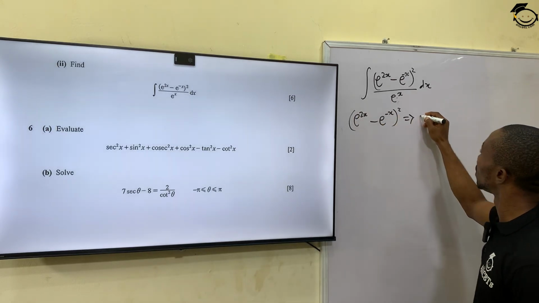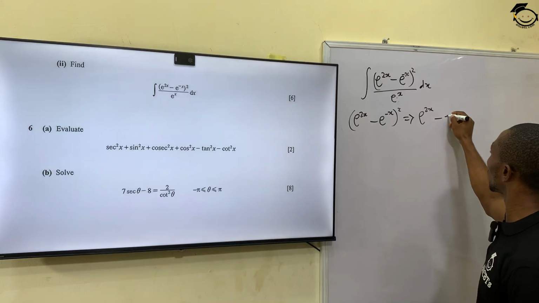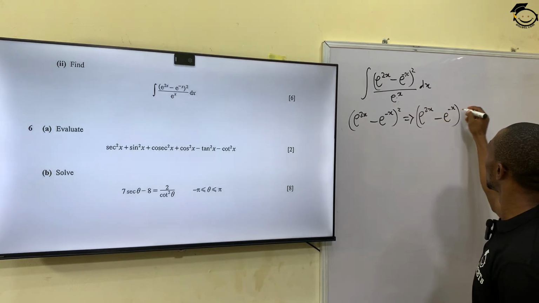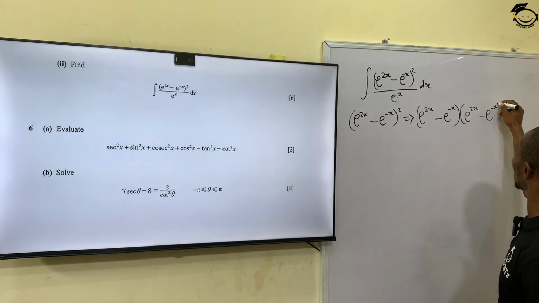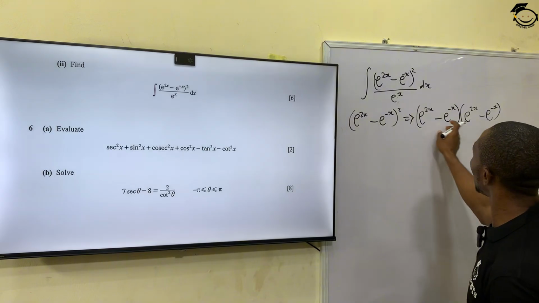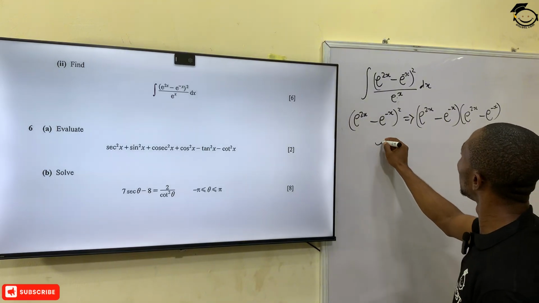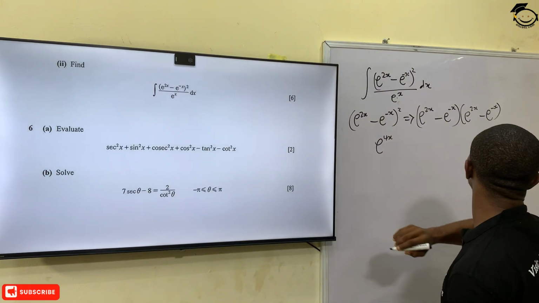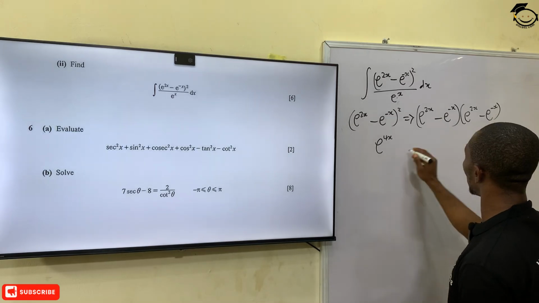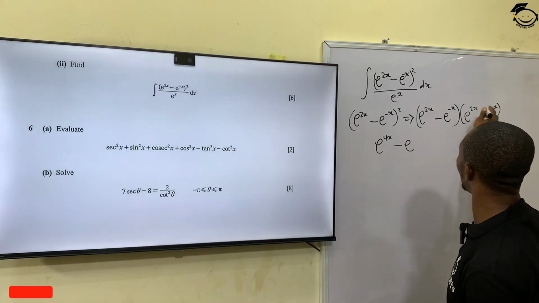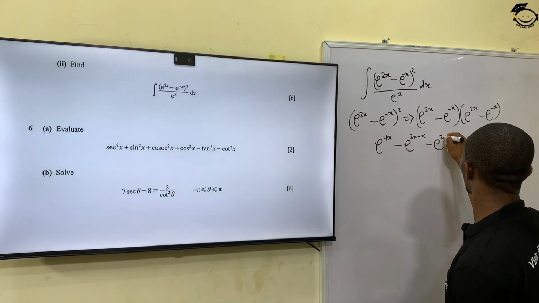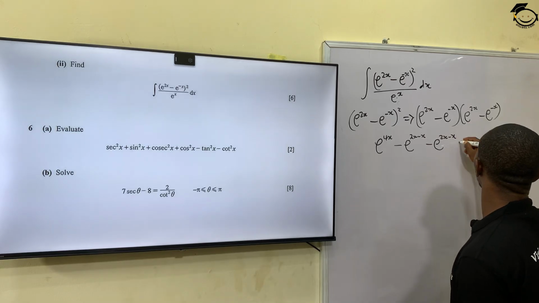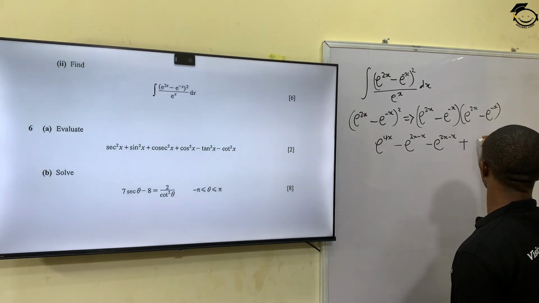This will give us e^2x minus e raised to power minus x, times e^2x minus e raised to power minus x. Okay, now opening this times this will give us e raised to power 4x. This and this will give us minus e raised to power 2x minus x, minus e raised to power 2x minus x, plus this times this will give us e raised to power minus 2x.